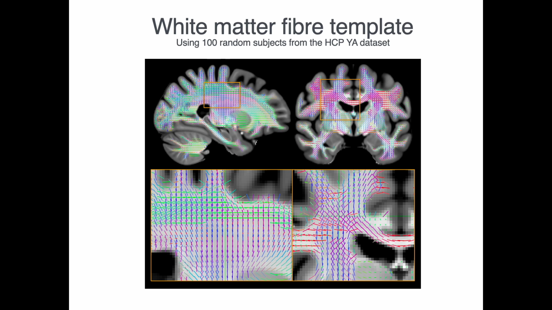Each pixel in the template has a corresponding pixel in every subject, which creates a one-to-one mapping of pixels to the template and hence across subjects. This makes it possible to extract consistent fiber-specific metrics that are comparable across subjects.